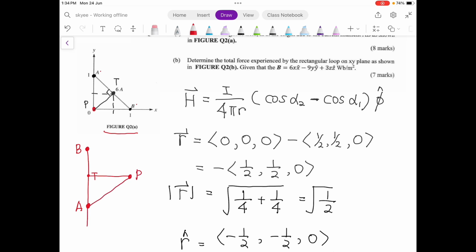I always redraw the figure, because when you redraw it, you can see alpha 1 and alpha 2 very clearly. This is the vector r, and the length is square root 1/2. Then from point T to point A, this is 1 unit.